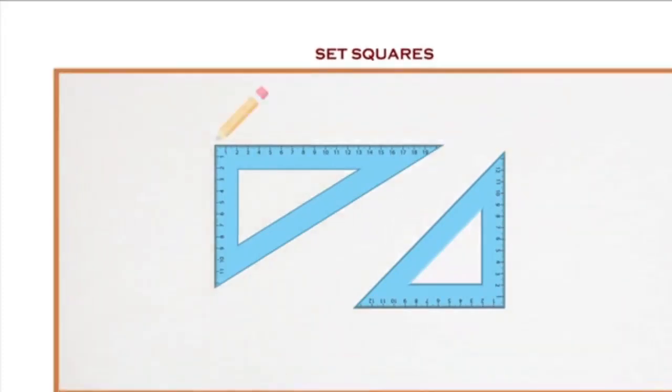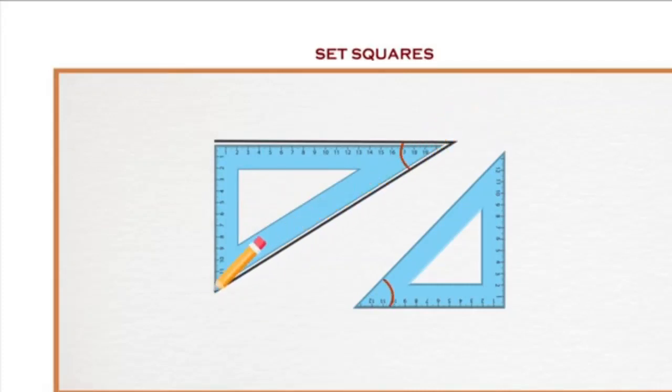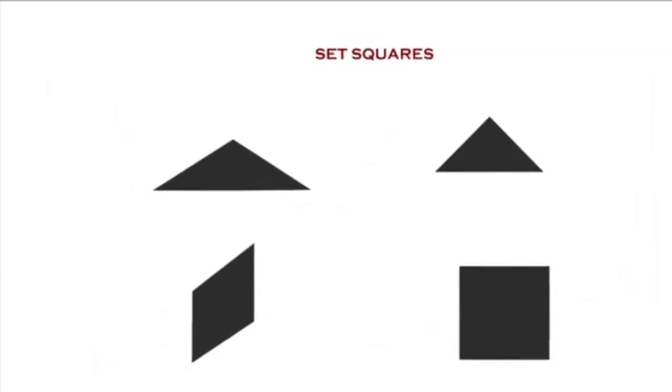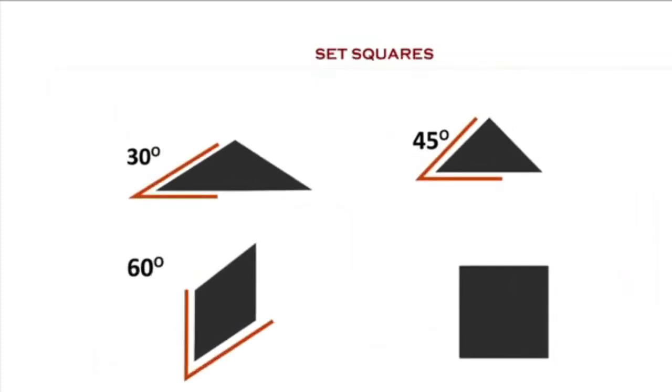Now we will move toward the set square. Set squares are used to draw lines making an angle with each other. See, these two lines can be drawn using the set square. Various objects have various angles like 30, 45, 60, 90, and to draw these angles, set squares are used.